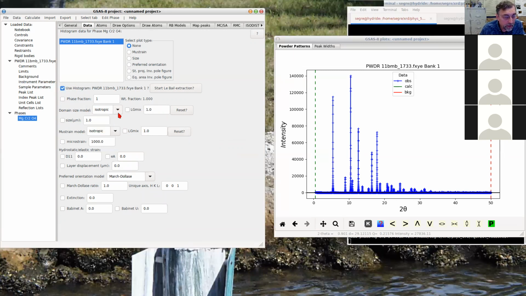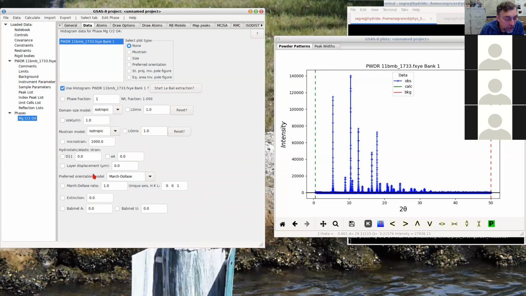Cubic materials generally are better isotropic because they're pretty isotropic. And if you want to refine this, you click this button and it refines. You have a strain broadening model, which is either isotropic or non-isotropic. And then you have these additional strains which can also be used as different subtle refinements. And unless you really know what you're doing, you don't use this.